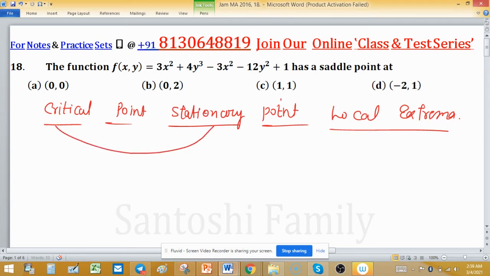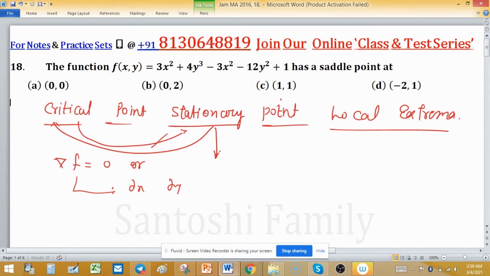Each stationary point is a critical point, but not every critical point is a stationary point, because a critical point is where the gradient is 0 or is not defined. Not defined in the sense that either the partial derivative with respect to x or with respect to y does not exist, or both do not exist.